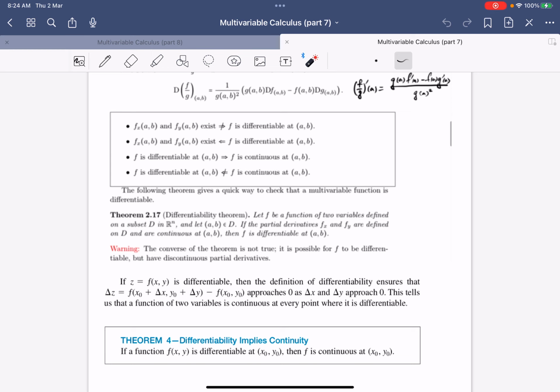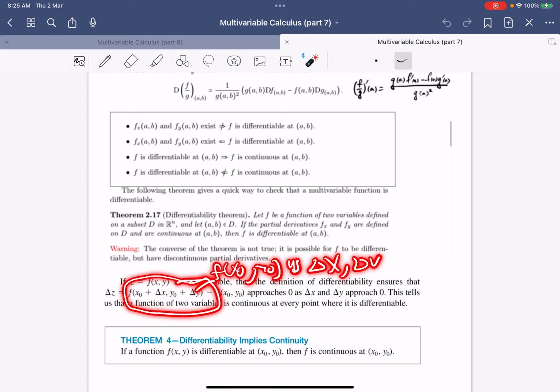The reason for that is because if we write our change in z as the following, then because we know that f is differentiable, this portion over here will equal f(x0, y0) as the change in x and change in y go to 0.